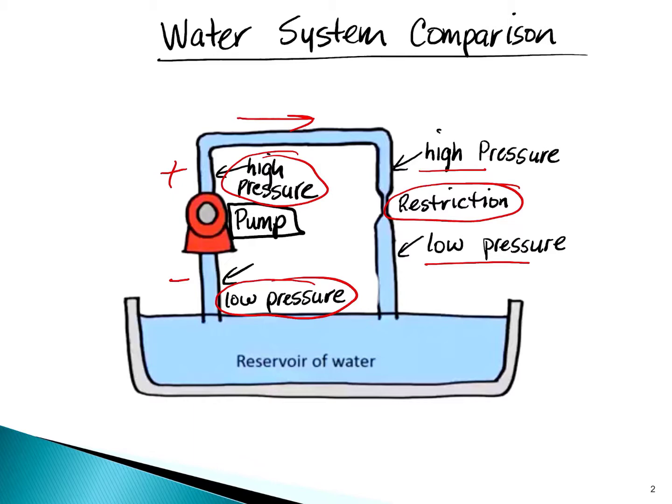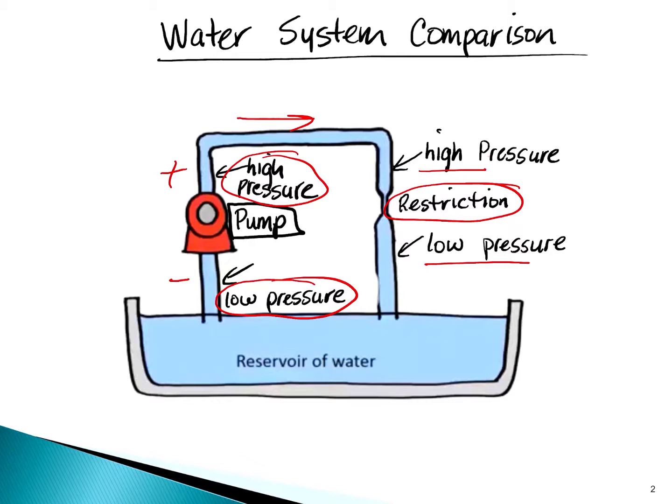So there would be source or pump pressure without flow. Notice over here, the restriction is dependent on flow to create that pressure differential. If that restriction was there, yet there was no flow, there'd be no pressure difference, as you can imagine.